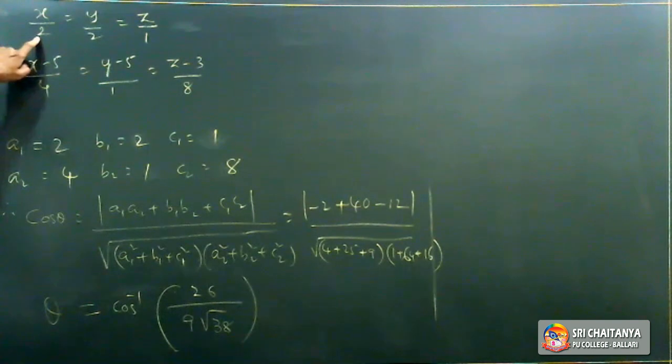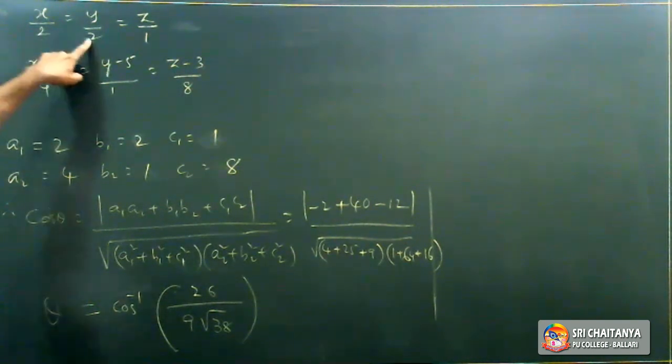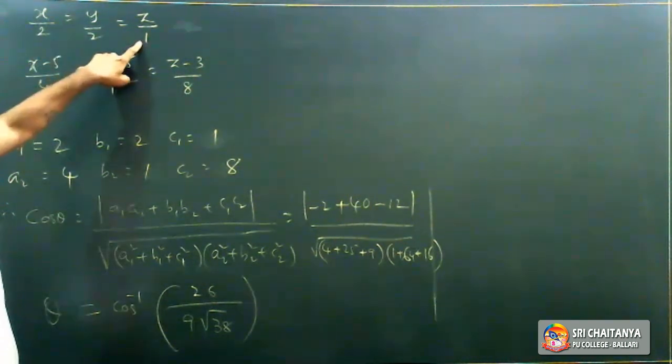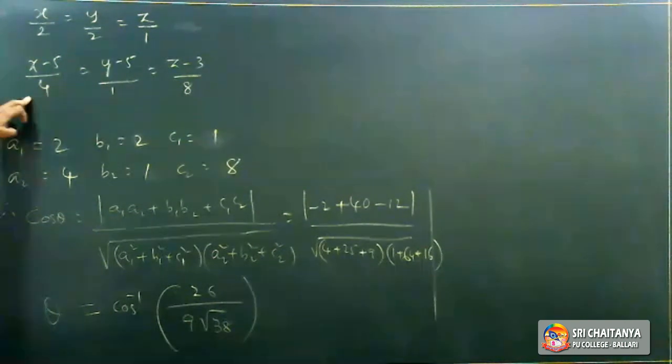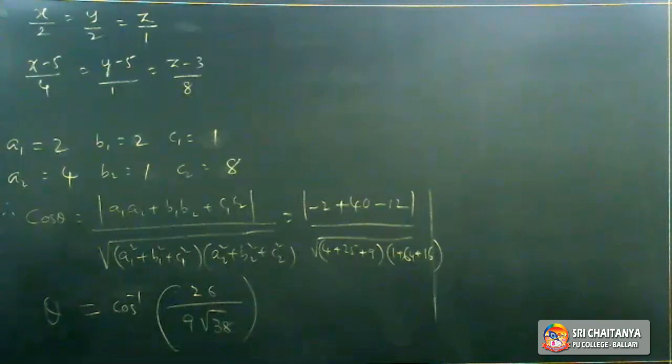I am repeating this. A1 is equal to 2, B1 is equal to 2, C1 is equal to 1. A2 is equal to 4, B2 is equal to 1, C2 is equal to 8. Cos theta formula, you just apply here, you are going to get the answer. Copy this one.